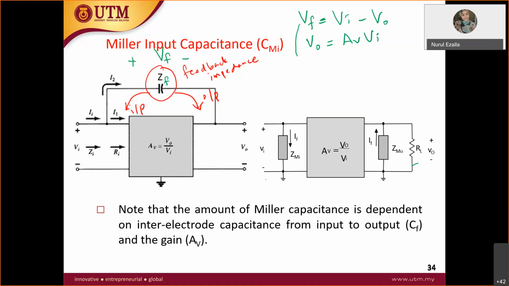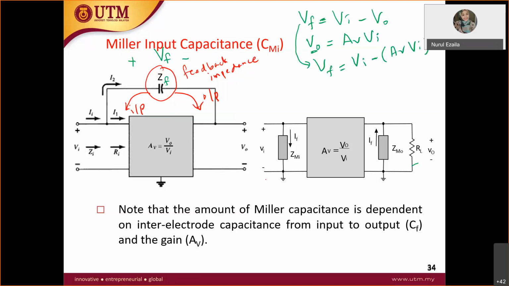So if we take again, VF is equal to V in minus V out, and V out is AV V in.